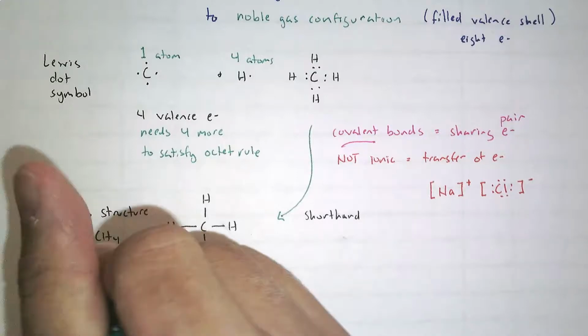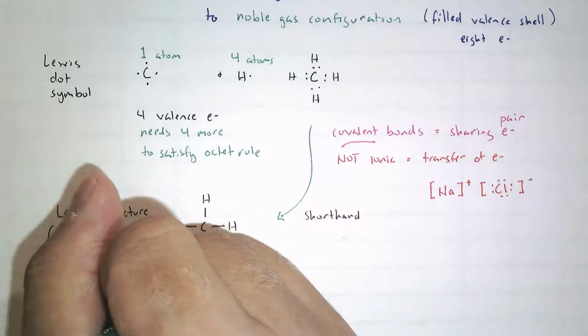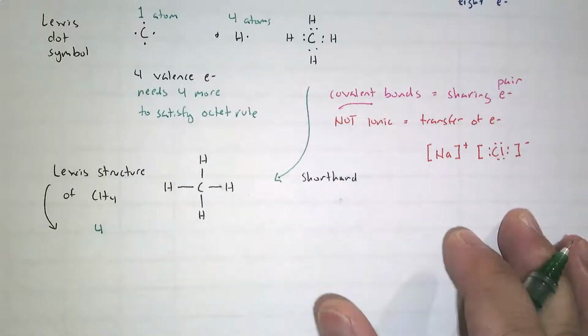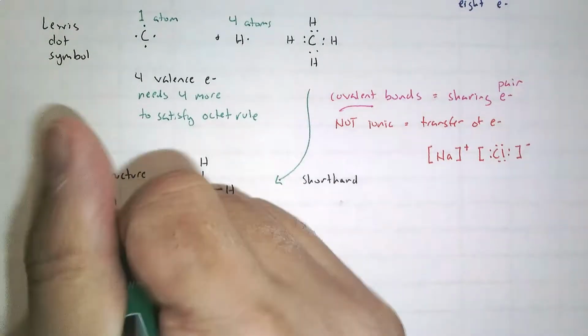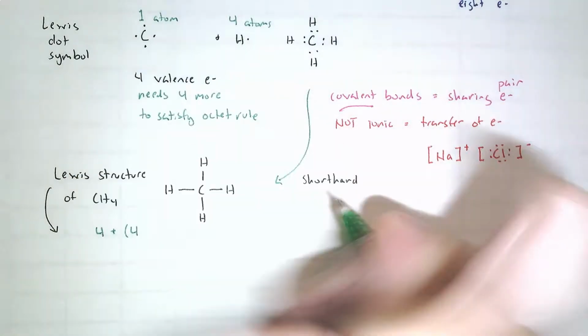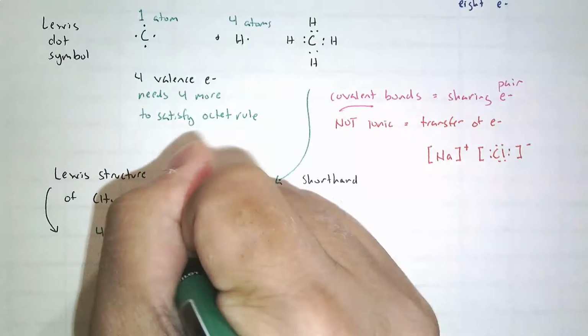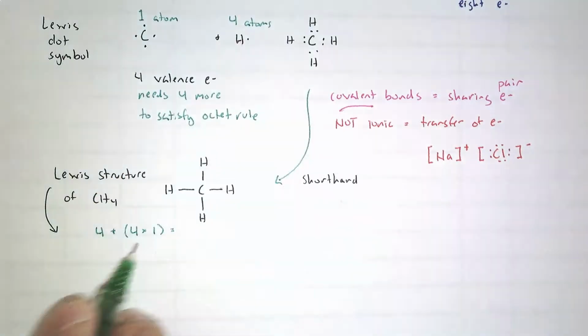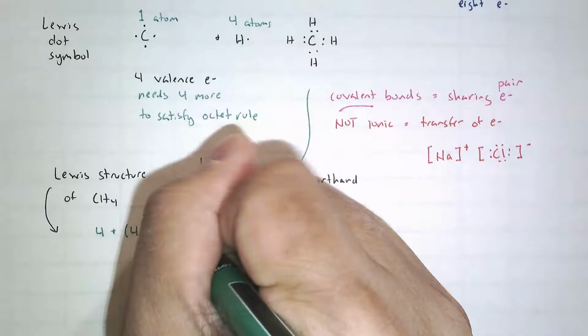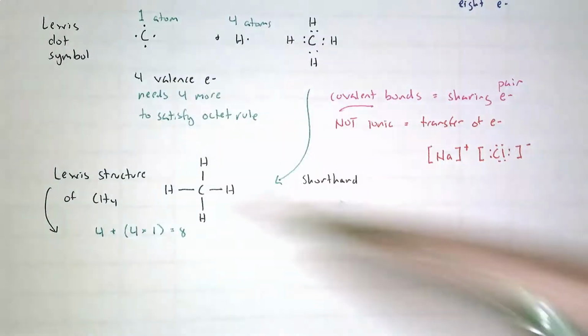So if we take a look at CH4, there are 4 valence electrons for carbon. That will always be the case, right? For neutral carbon, I should say. Plus, you have 4 hydrogens that each have 1 valence electron. And that equals, what does that equal? 4 plus 4, that equals 8. It's just a coincidence that it's 8.